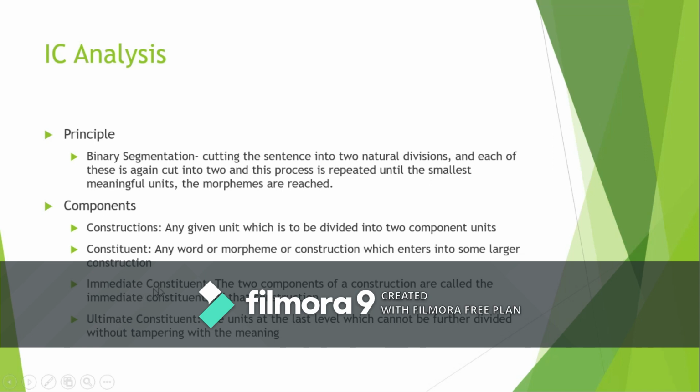And next is immediate constituent. Immediate constituent means that we get a construction, we cut it into two, and these two are called the immediate constituents of that construction. And finally, ultimate constituent, or UC. This is IC and this is UC. An ultimate constituent is what we reach when we finally do all the cutting and arrive at a stage at which we cannot divide the group further without tampering with the meaning.